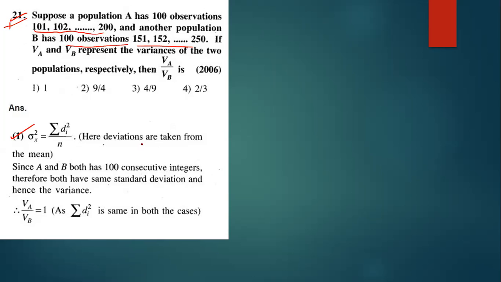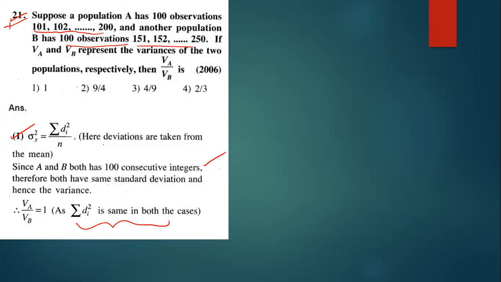That is always one only. See, sigma x square, what is the formula? Sigma di square by n. Di means deviations are taken from their mean. That is the formula. Since A and B both are having 100 consecutive integers, both are having the same standard deviation and variance. Why? Because sigma d square is also the same in both the cases.